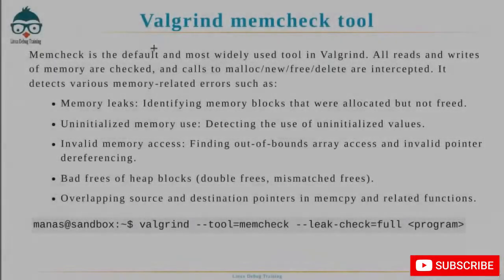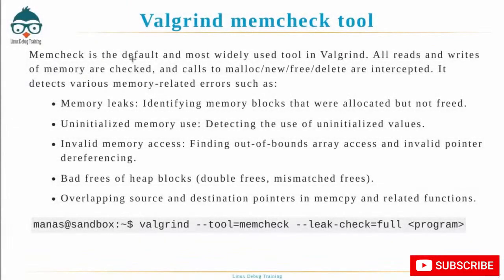As discussed in the last slide, memcheck is the most widely used and the default tool in Valgrind. Memcheck works by intercepting the memory operation related calls such as malloc, new, free, delete.